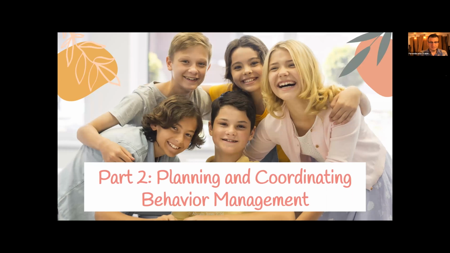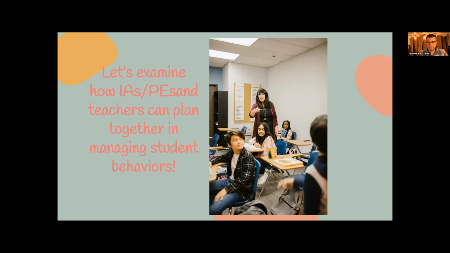All right, the smiling kids again. I bet these kids have never gotten in trouble. No way. Part two, planning and coordinating behavior management. Okay, somebody's getting talked to across the room, and what's going on here is all the other students are looking at that person. The teacher is speaking to that kid.